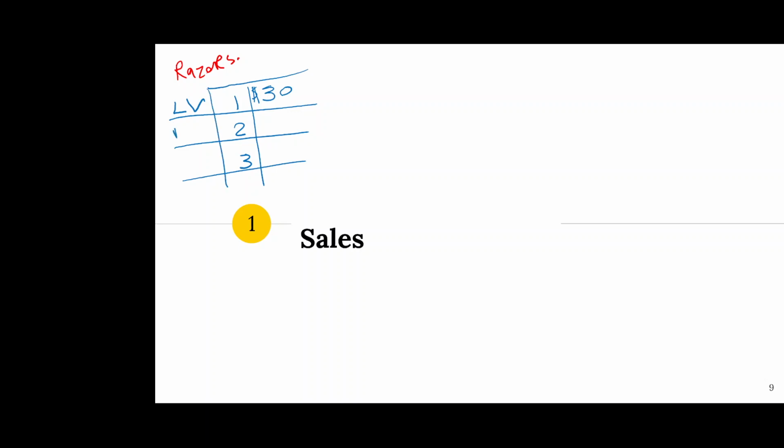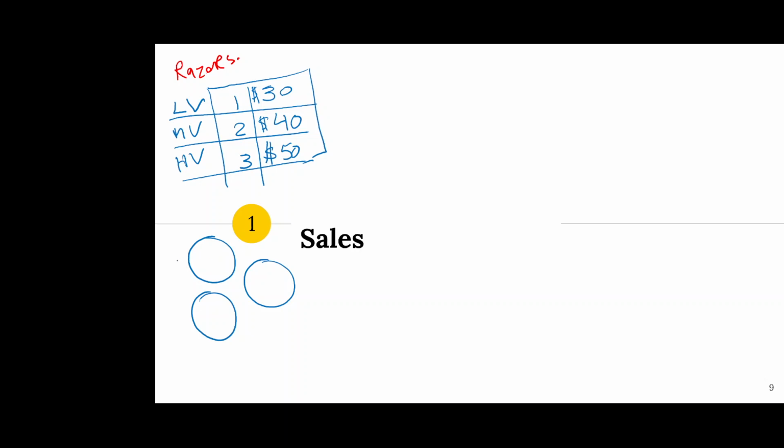Then we have the medium valuation segment, and these guys value our product at $40. Then we have a high valuation segment, and this segment values our product at $50. I would like to point out here that these segments in a Venn diagram could be visually presented as follows.